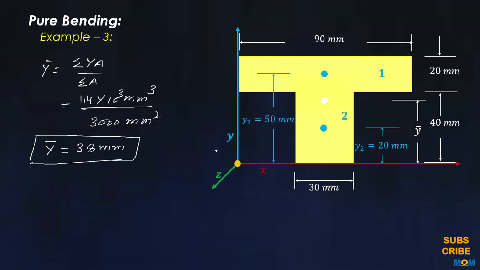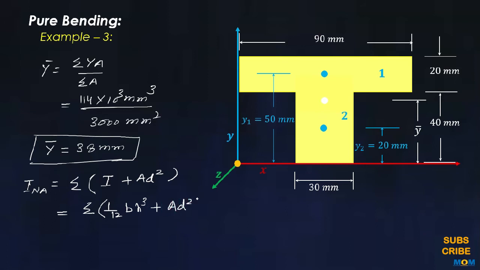Now to calculate the moment of inertia about neutral axis, we would be using the expression, that is summation of I of individual part plus area multiplied with the distance from the centroid square, or we may write this as summation of 1 upon 12 bh cube plus A d square.